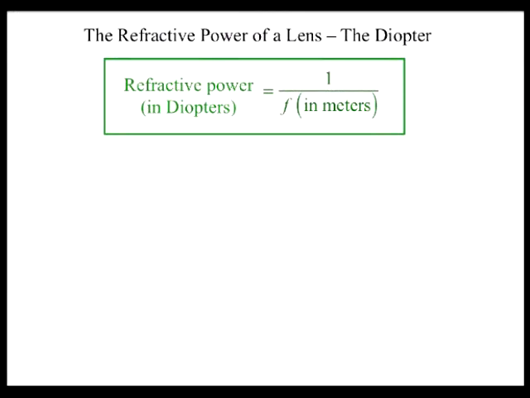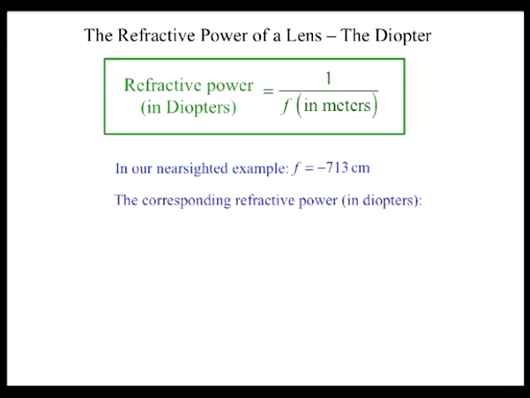Since a converging lens has a positive focal length and a diverging lens has a negative focal length, the refractive power of a converging lens is positive and that of a diverging lens is negative. In our nearsighted example, the focal length of our diverging lens was equal to negative 713 centimeters.